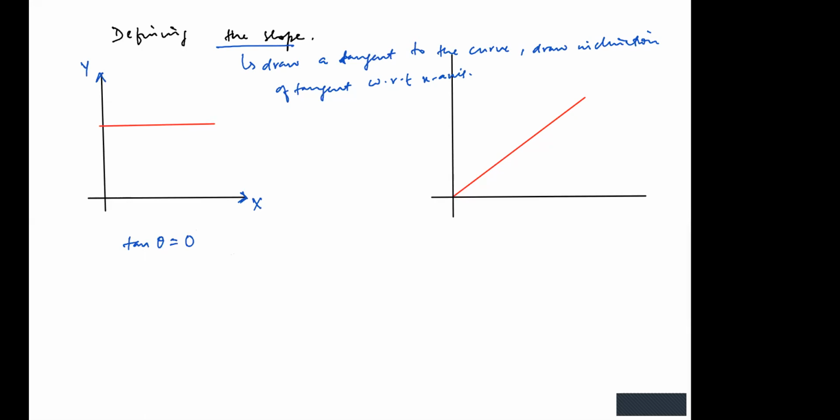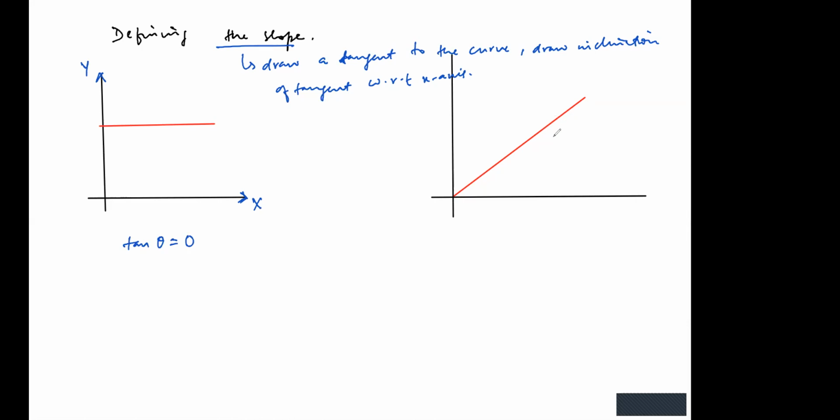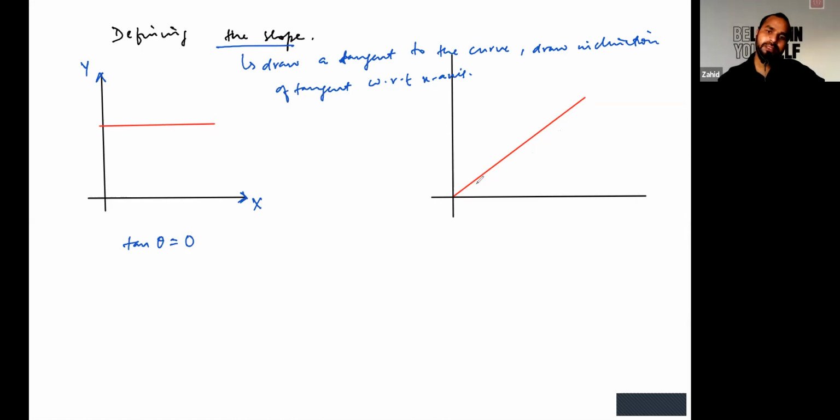Yes, sir. Next part. If I draw a tangent over this particular line, it will also just coincide over it. But if I draw the inclination at different points, suppose at this point, it will give you some angle theta. Similarly, for this point, it will again give you some angle theta, and similarly for all of its points from the origin to any one of them.